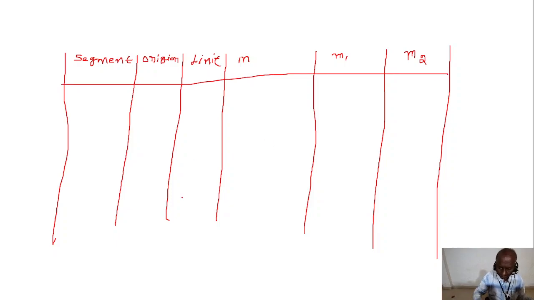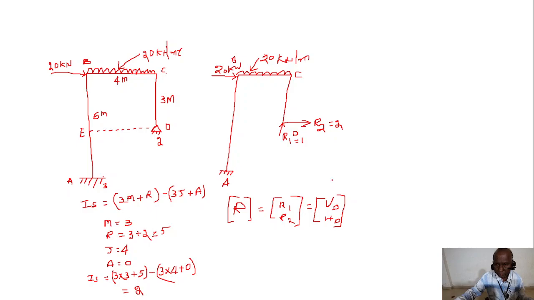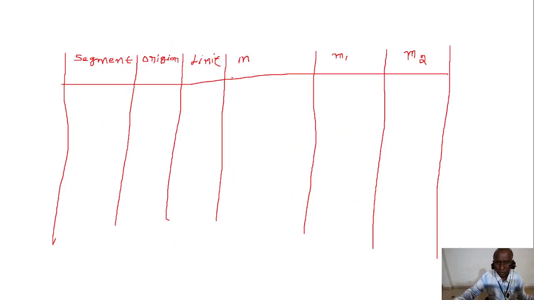First, you will see the member DC segment. You will find the moment at some distance from point D, say the distance X. Now you will see the moment due to external load.